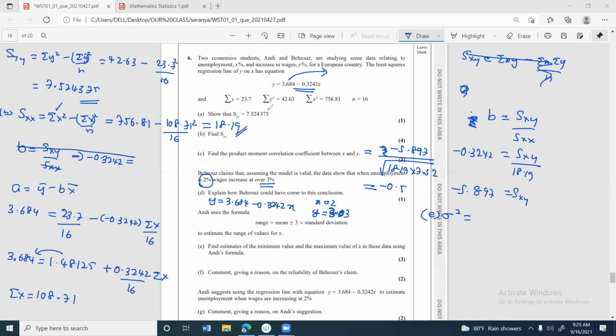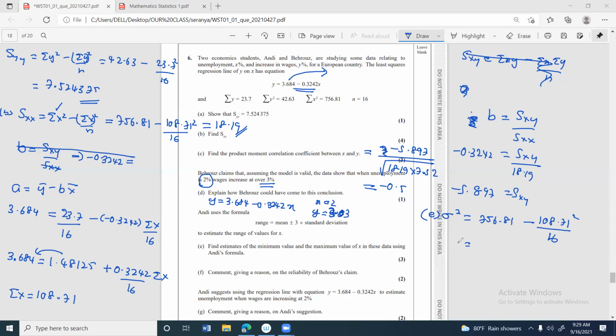We already found the value for the x squared, 756.81, minus summation x squared. Summation x we already found here, it is 108.71, squared, divided by n. N is 16.